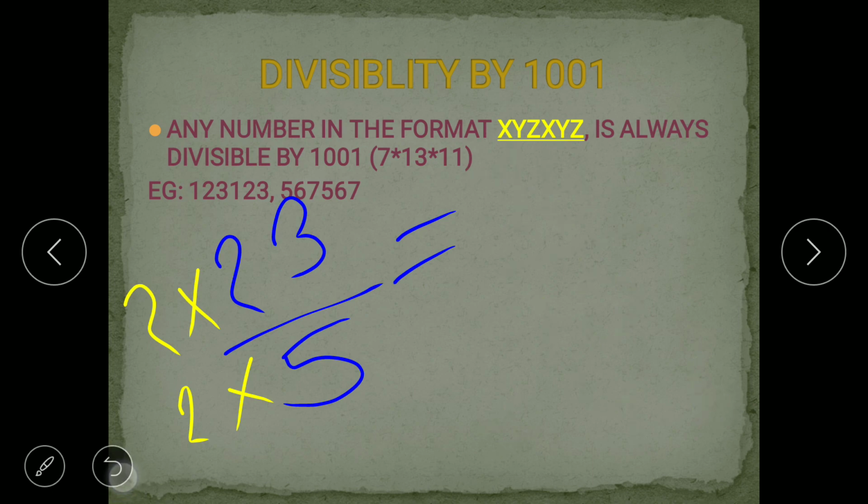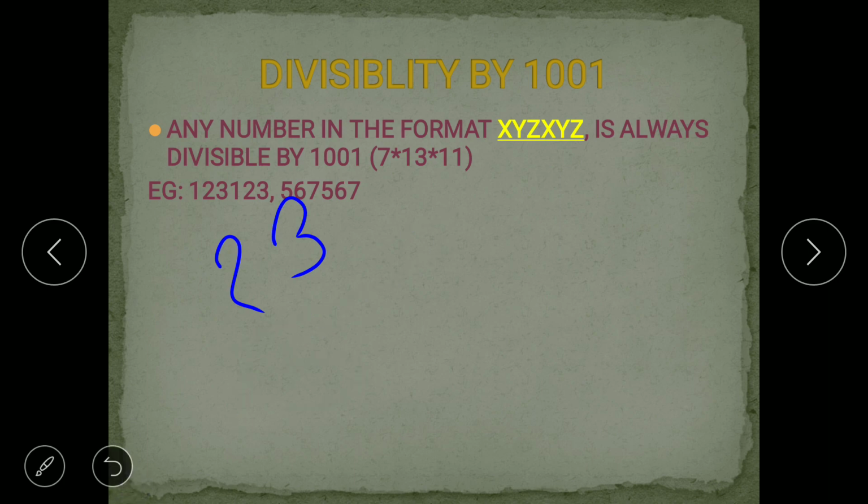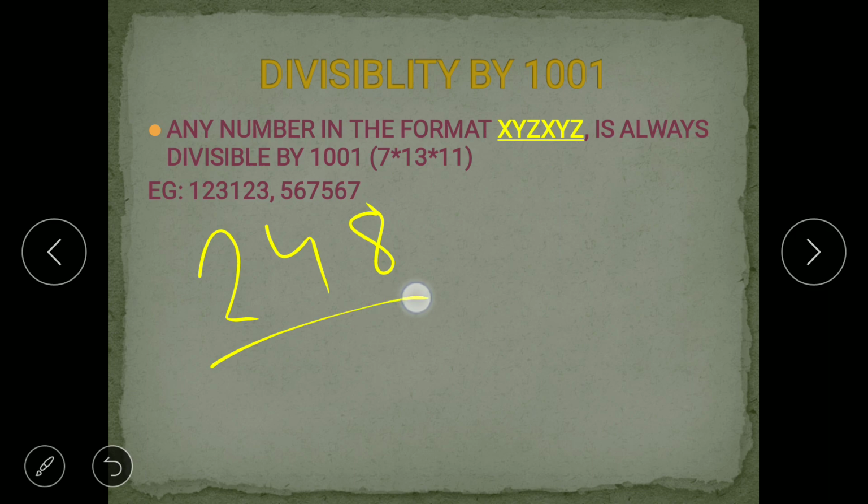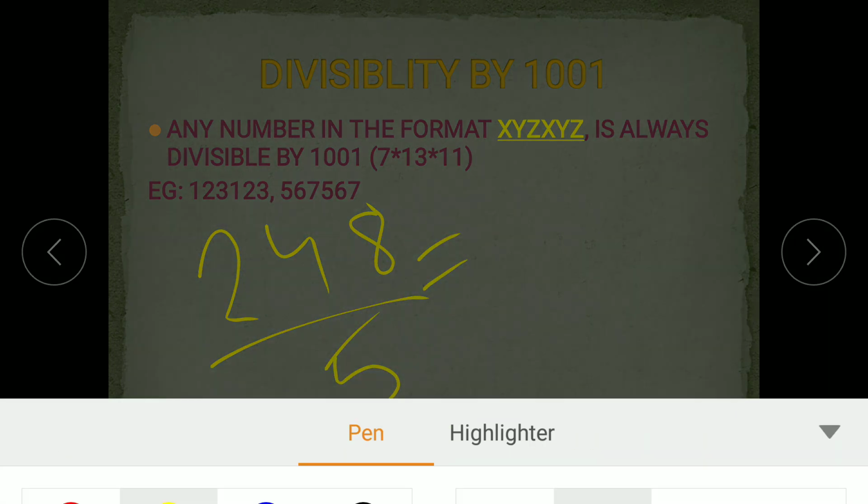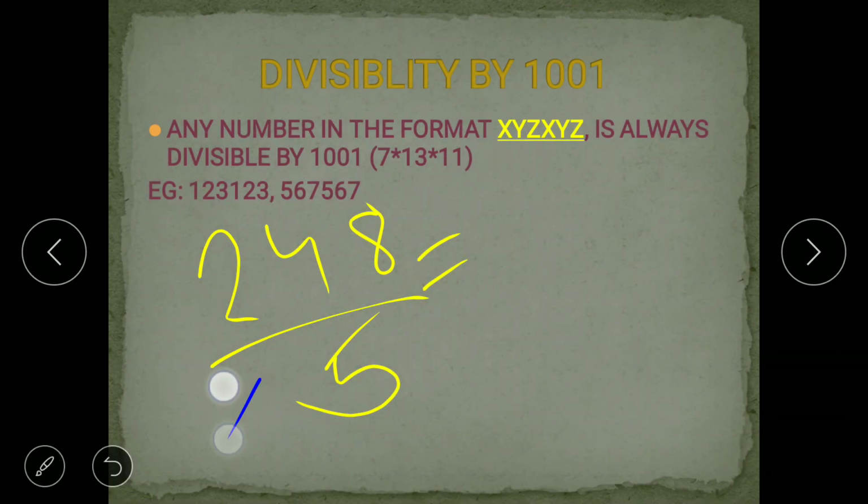Let's take another example. Suppose 248 divided by 5. Multiply with 2 here, with 2 here. What will you get?